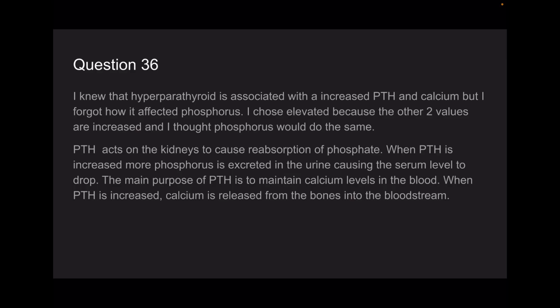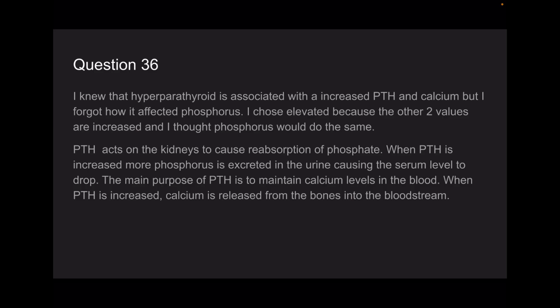Okay, the next question was, which of the following would you find in a primary hyperparathyroidism case? I knew that hyperparathyroidism causes increased PTH and increased calcium. I didn't remember how it affected phosphorus. I chose elevated just because the other two were elevated and I knew that.